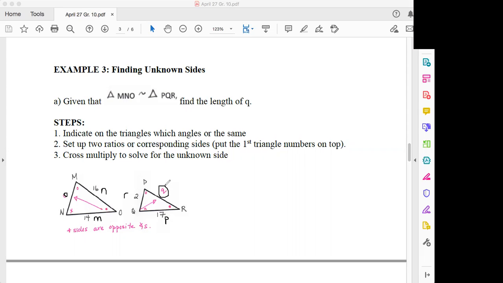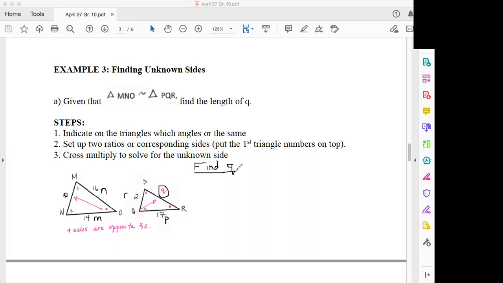To find our missing length, you have to make a ratio. We know that we want to find q, so you're going to make a ratio that goes along with that.